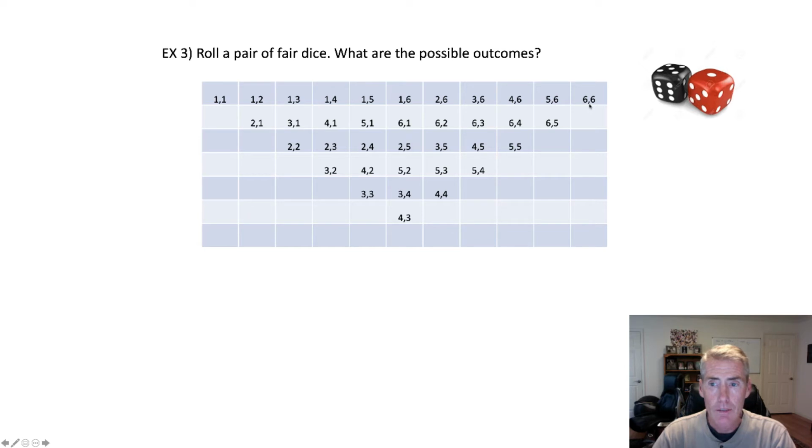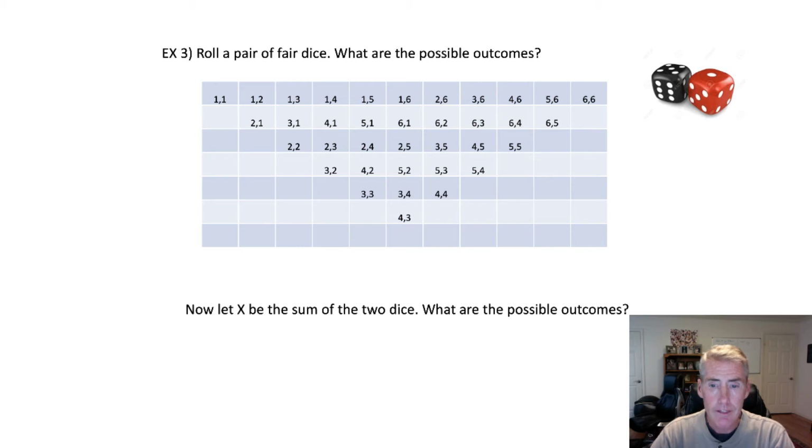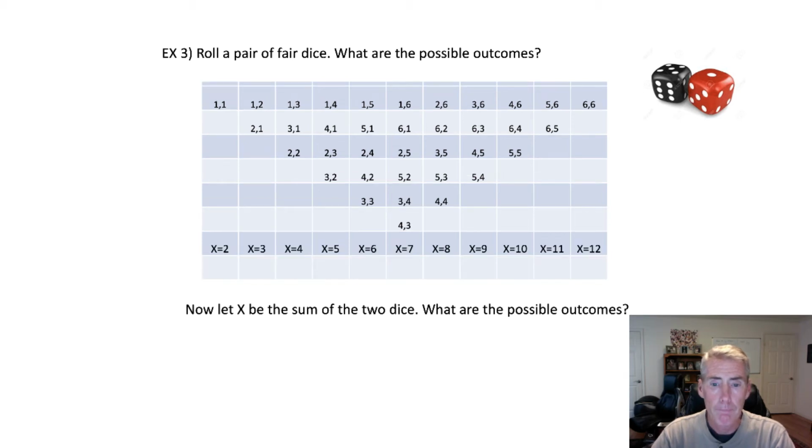This one over here adds up to 12. These two add up to 11, and these two add up to 11. These are the ways that you can get 10, etc. There's all the possibilities. Now let x be the sum.